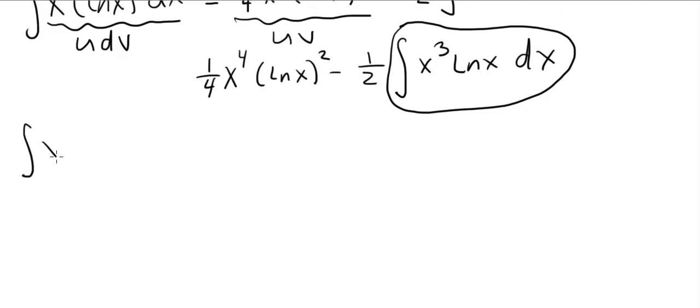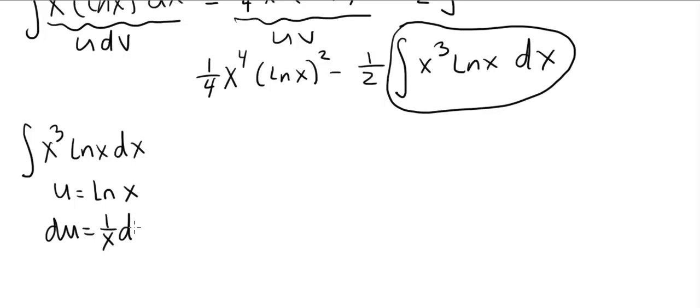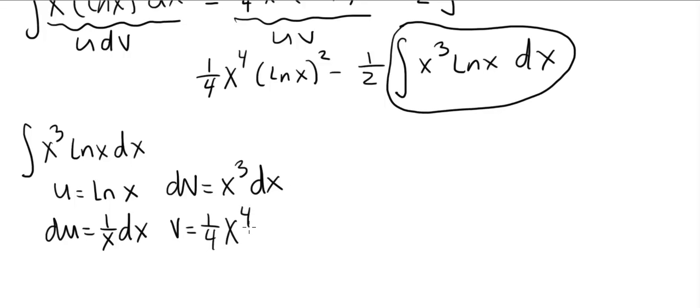Here's the integral, x cubed ln of x dx. u, of course, still will be the natural log part, that's ln of x. du is 1 over x dx. dv is x cubed dx. v is 1/4 x to the 4th. So this integral equals u times v, 1/4 x to the 4th times ln of x, minus the integral of v du.